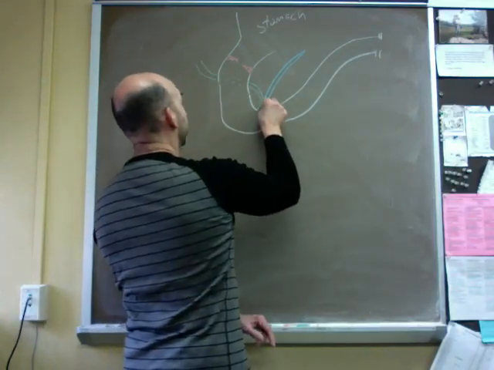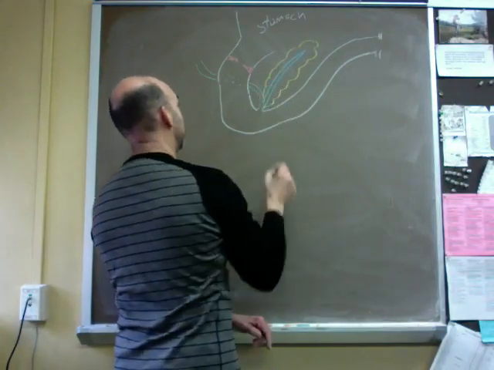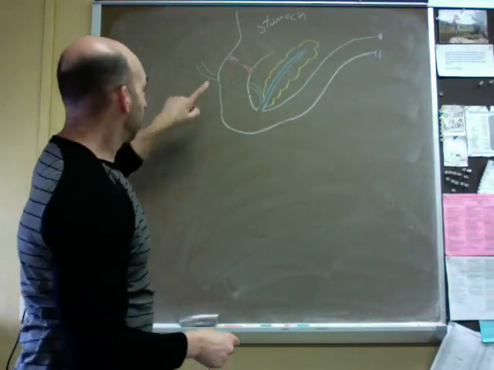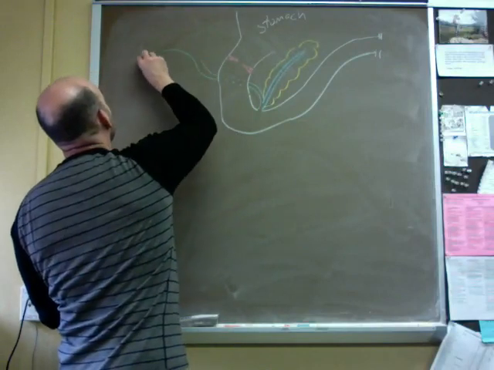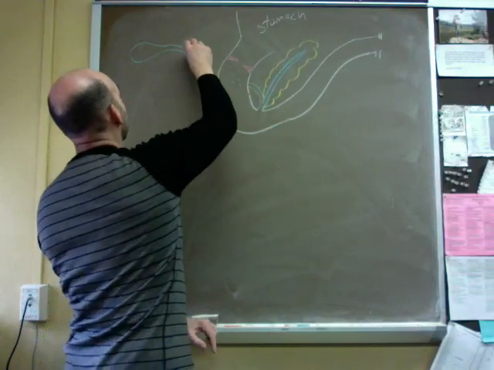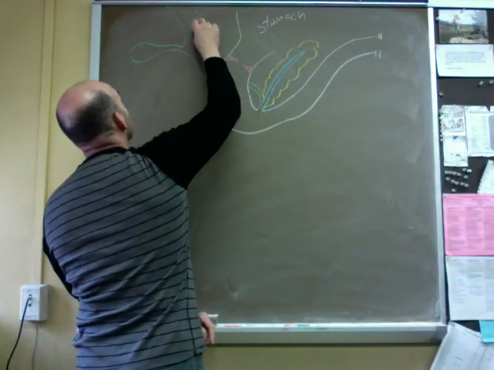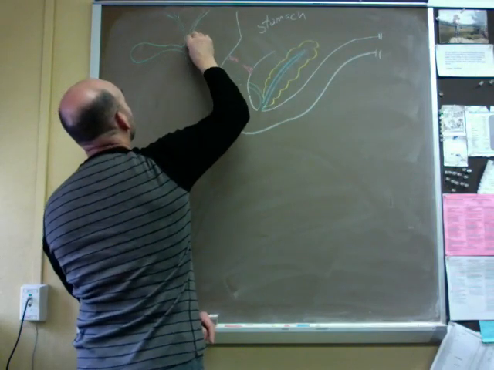So this sort of leaf-like structure is the pancreas. This is the common bile duct. The common bile duct goes up into the liver. Well, it goes up into the gallbladder, but it also goes up into the liver because you get these ducts that kind of go up and branch, and branch, and branch into the liver.